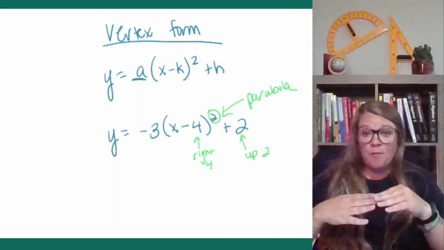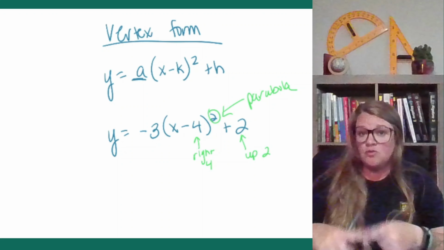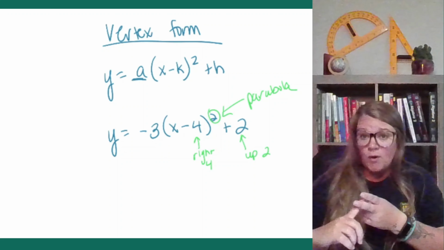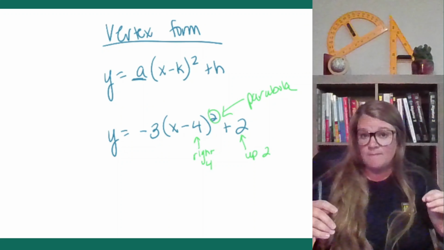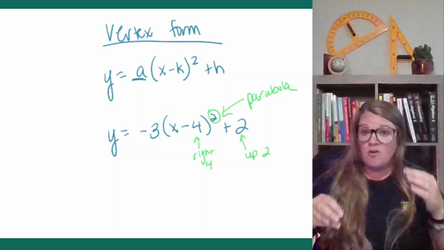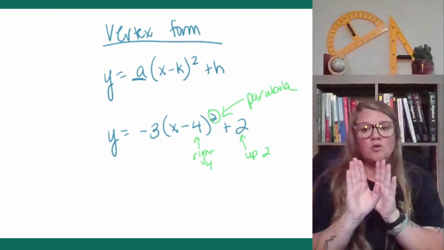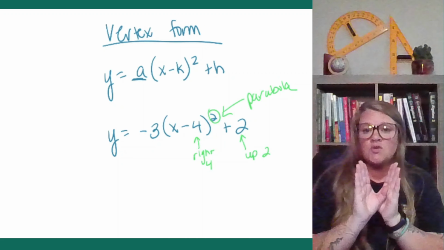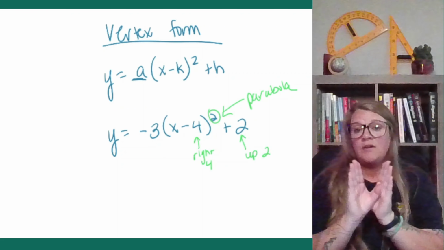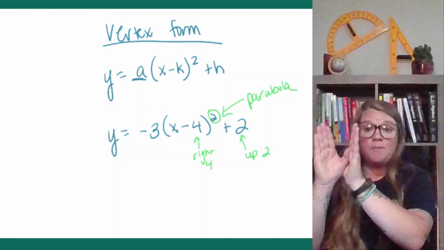So this will be a parabola. It will be moved up 2. It will be moved to the right 4, which tells me what my vertex is. Because remember, the parent function has a vertex right at the origin, right at 0, 0. But now, instead of it being at 0, 0, I'm going to move it to the right 4, and I'm going to move it up 2.